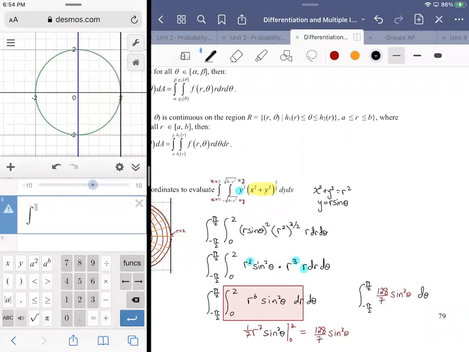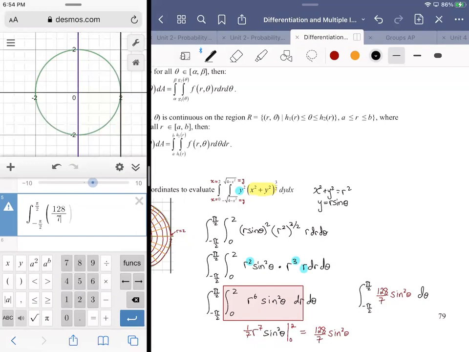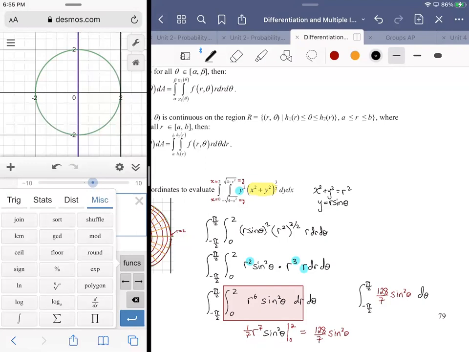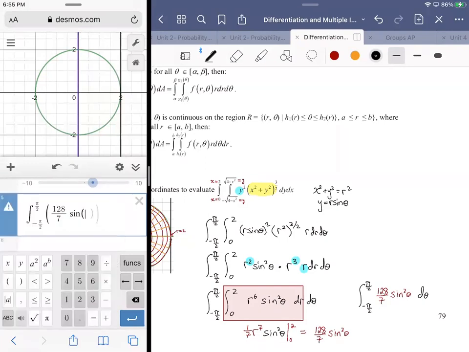So the integral, negative pi over 2 to pi over 2, open them up, 128 over 7 sine squared theta.